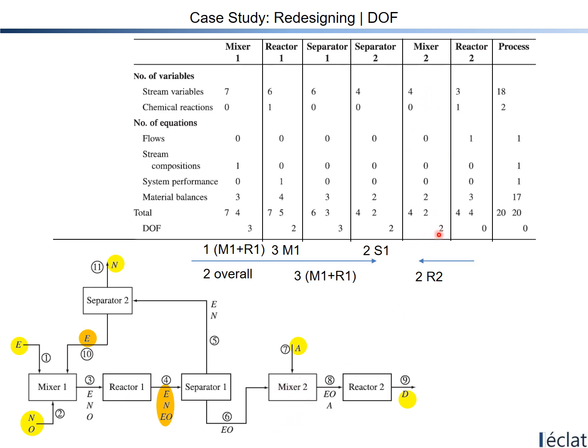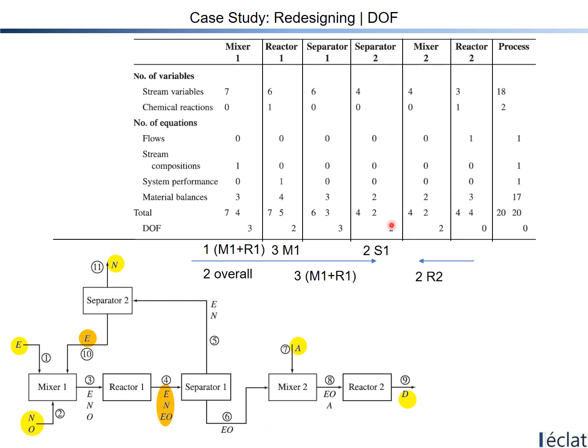The degree of freedom of mixer 2 was 2. And from the separator 1, we could obtain 1 more piece of information. So 2 minus 1 is equal to 1. 1 more freedom remaining. So we cannot solve this problem by using the information about the separator.